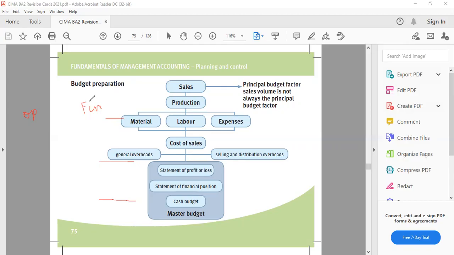How many units would be sold is what is first decided. They estimate maybe with the help of forecasting techniques or observation of the past data. They understand that this would be the number of units which will be sold for the next period. So decide on the number of units and decide on the selling price per unit.